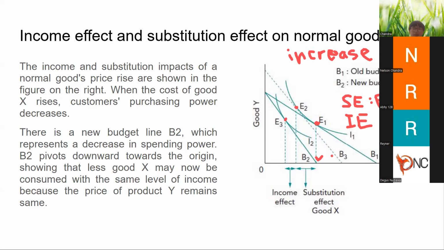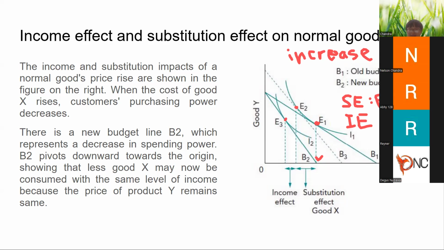When it comes to the income effect, when there is an increase in the price of good X, you have to imagine that your budget, your overall income, will decrease.